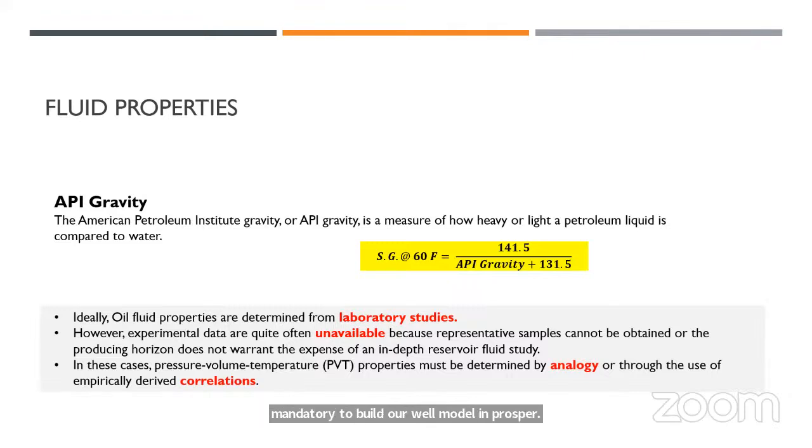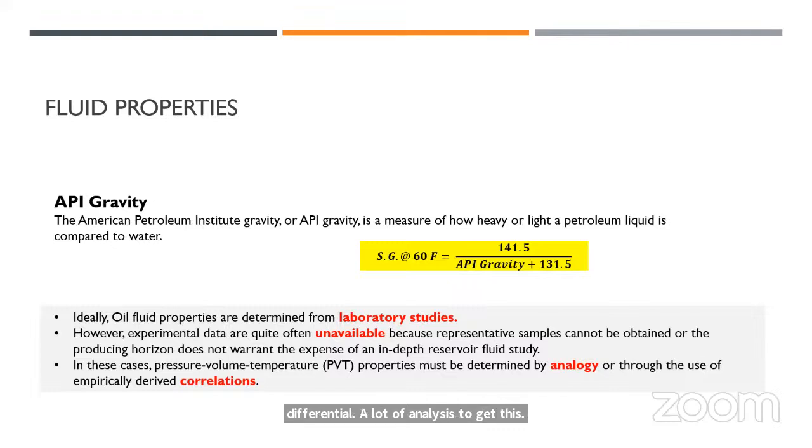Also, sometimes this data is not available, because to get all these fluid properties, we need to do some PVT analysis and PVT sampling. We take a sample from the well and take it to the lab, and they make a lot of analysis, flash calculation, differential liberation, to get these numbers.